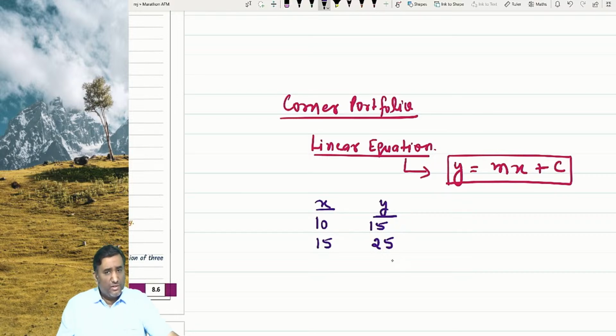Y is moving by what? 10. How many times? 2 times. Now common sense wise, if I have an 18 here, what should be the number here? If this is 1, this is 2, this is the third number.